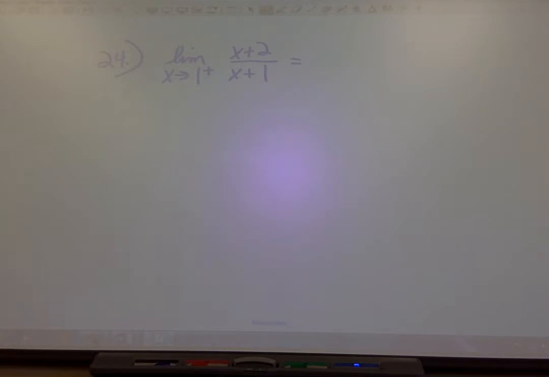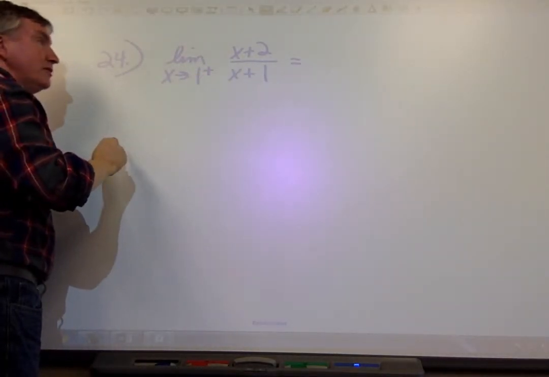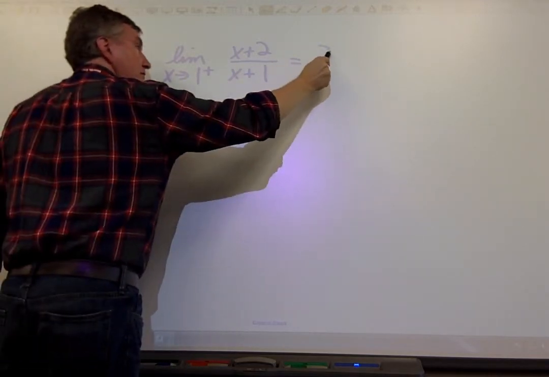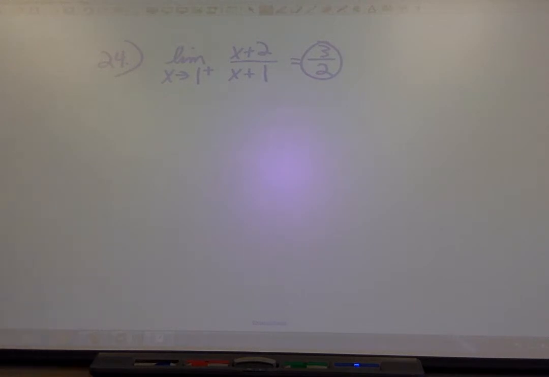No. That doesn't make a 0 denominator, does it? So what's my limit? Now, if that would have been x minus 1, we would have had to think about it a little bit. All right? But x plus 1, I could just plug that 1 in. Approach it from the right, it would be 3 halves. Approach from the left, it would be 3 halves, wouldn't it? Okay?